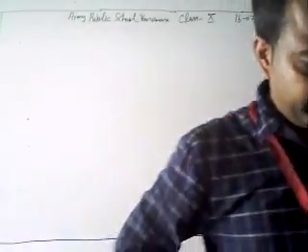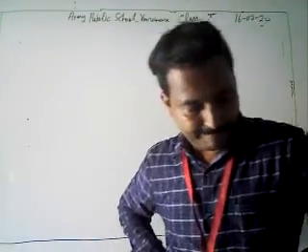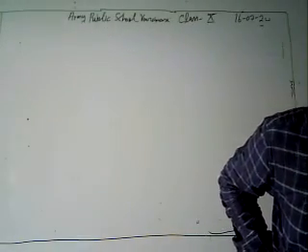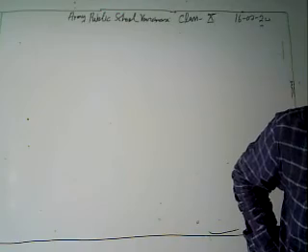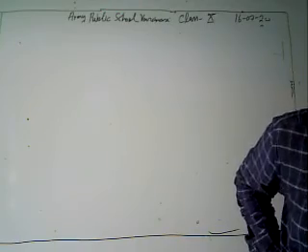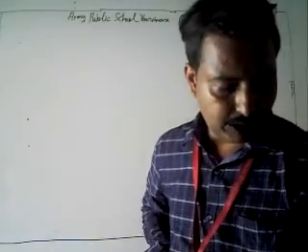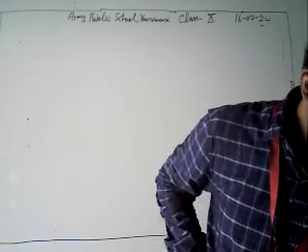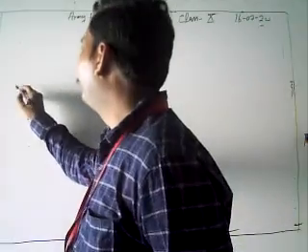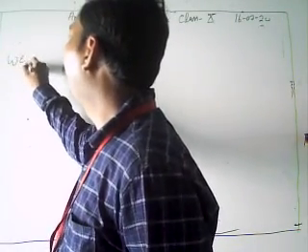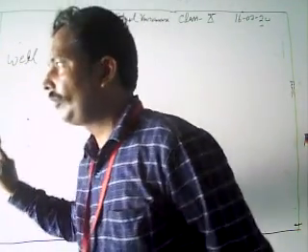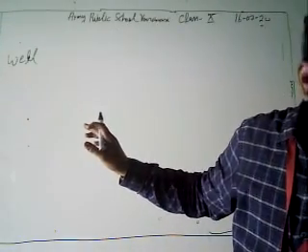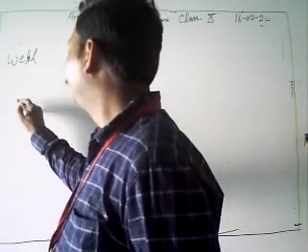Now we are going to move on to our next problem. Look, what is given in the next problem? A well of diameter 3 meter is dug, 14 meter deep.